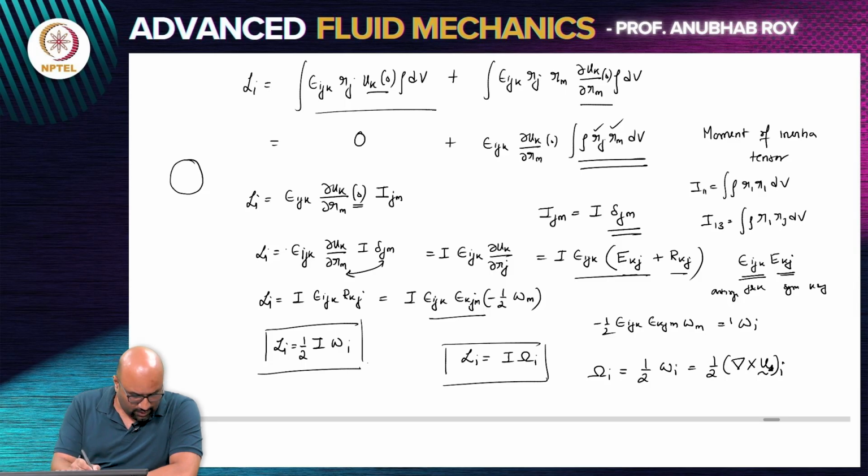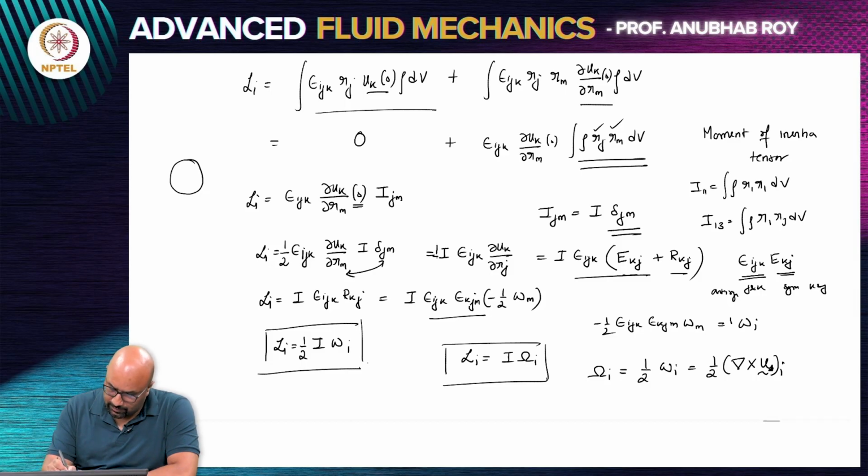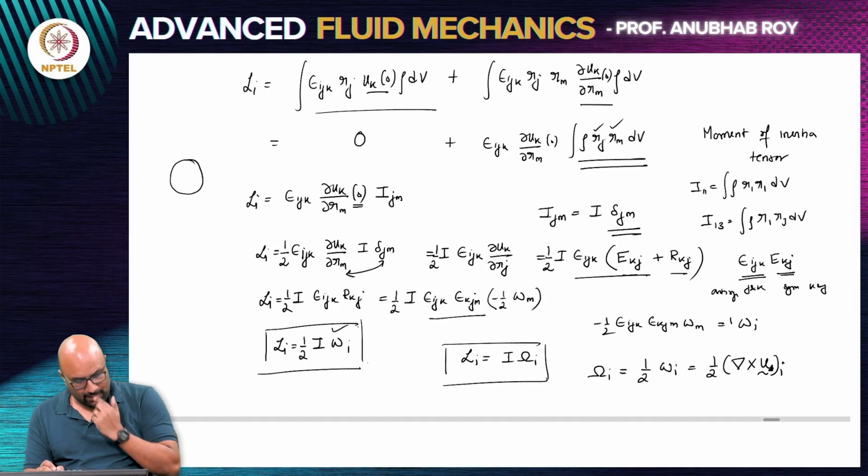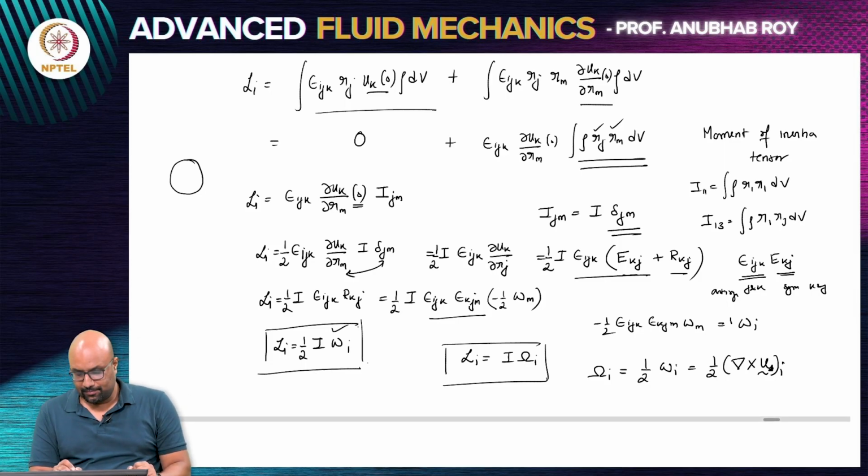So, there should be a factor of half that I have missed here, which then gives you L_i is half I omega_i.